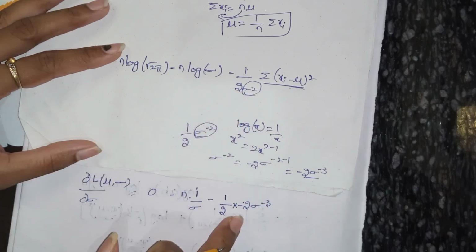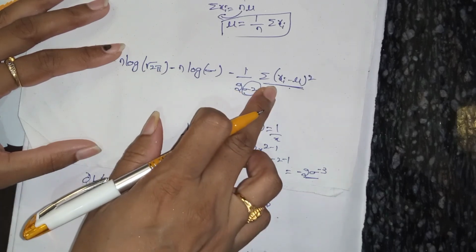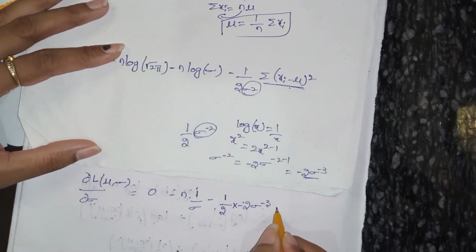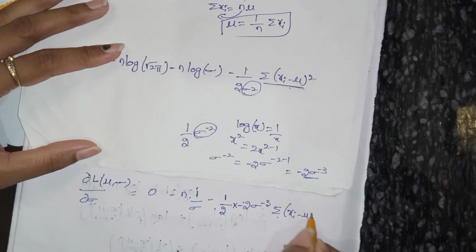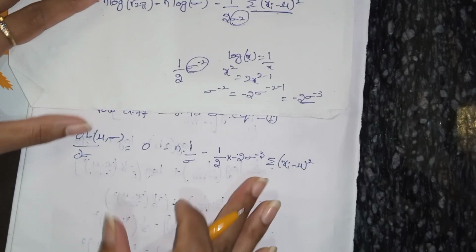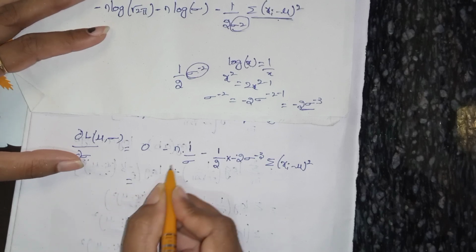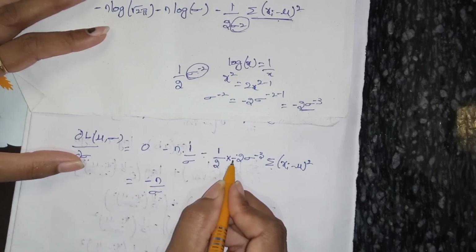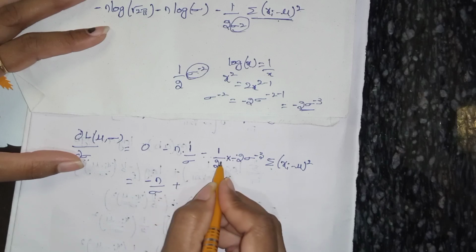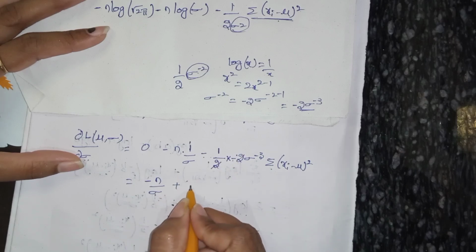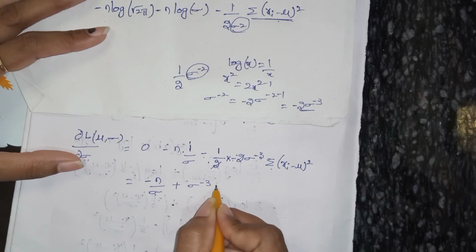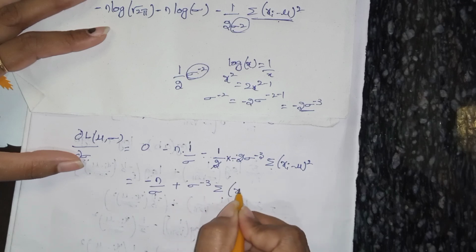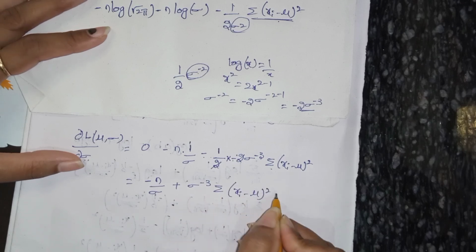In place of this one we can write this one, isn't it? So 1 by 2 into minus 2 sigma to the power of minus 3, and these are constant, as it is I am going to write summation xi minus mu whole square. So that equals minus n by sigma. Here minus minus becomes plus, and the 2 gets cancelled. So plus sigma to the power of minus 3 summation xi minus mu whole square.